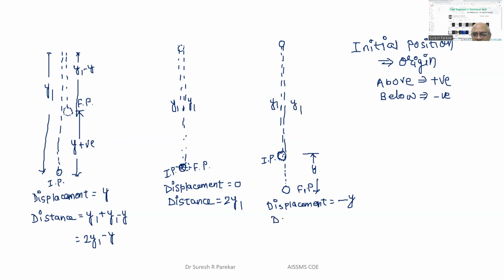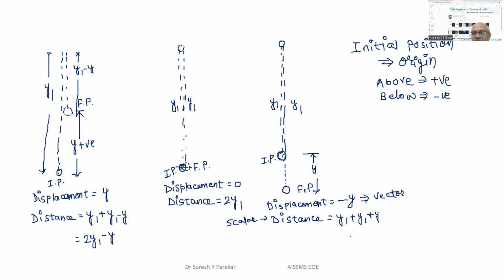Then what will be the distance covered? I have to trace the path. So y1 up to the maximum height, plus again y1, and then plus y. Distance is a scalar quantity, and displacement is a vector quantity.